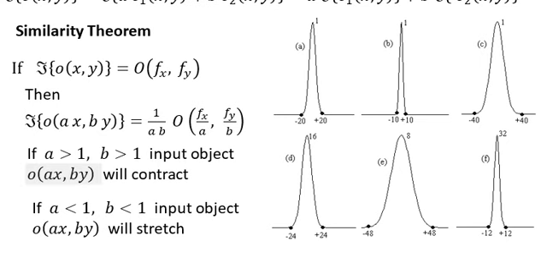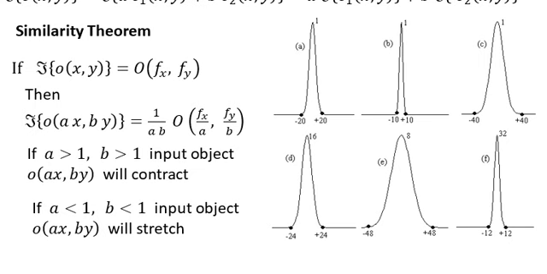Let's look at the objects and their Fourier transforms in the figure. The first row in this figure represents the object o at ax, by, and their corresponding Fourier transforms are given in the second row.